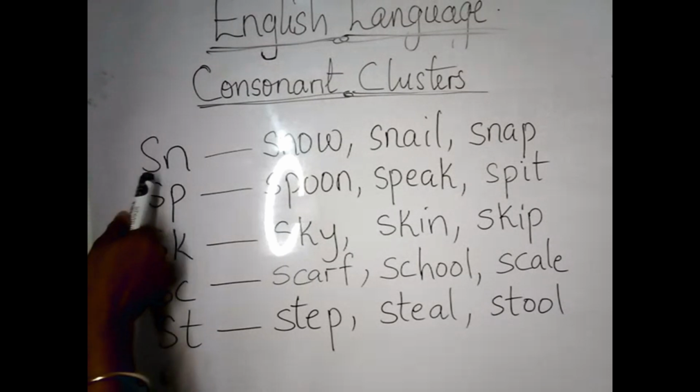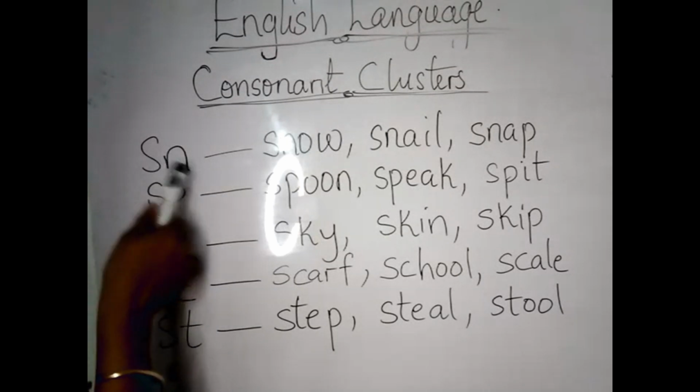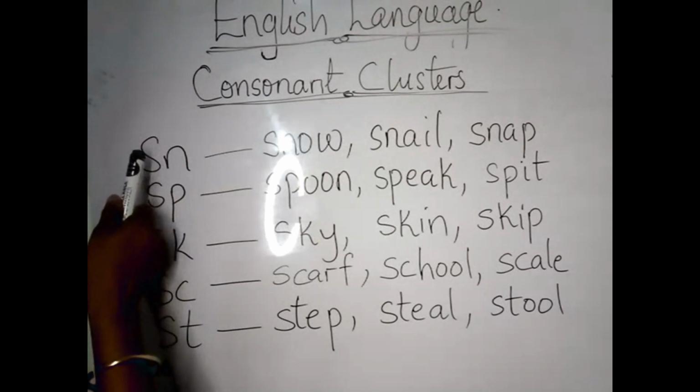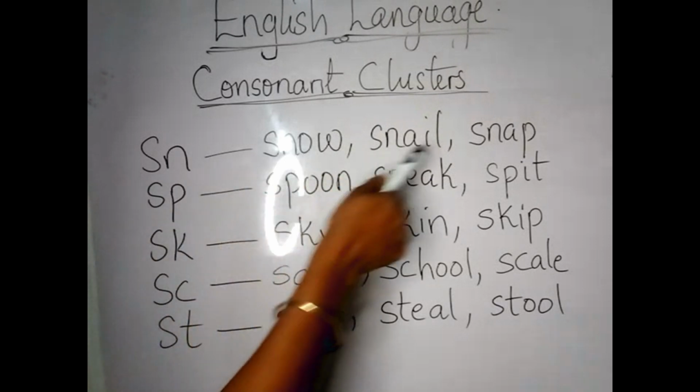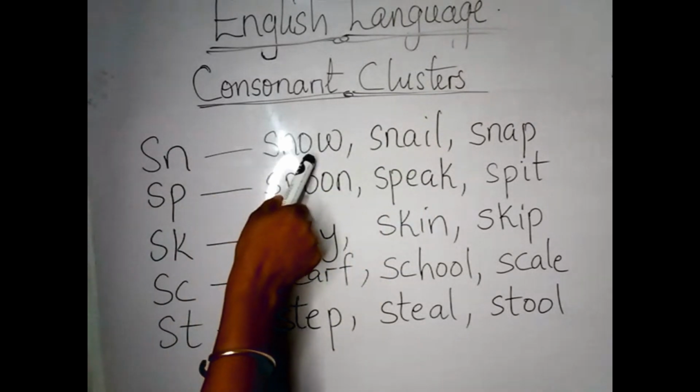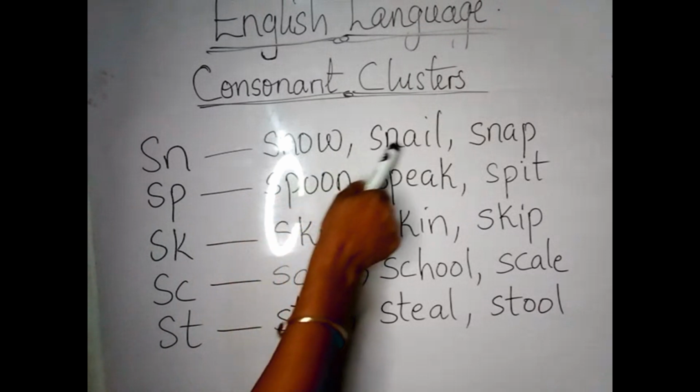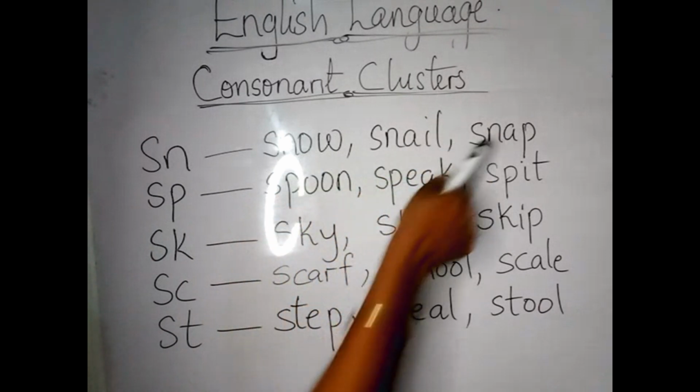So here we have SN, a combination of the consonants S and N. S has the sound S, while N has the sound N. Now the combination is SN. The words where they occur are snow, snail, snap.